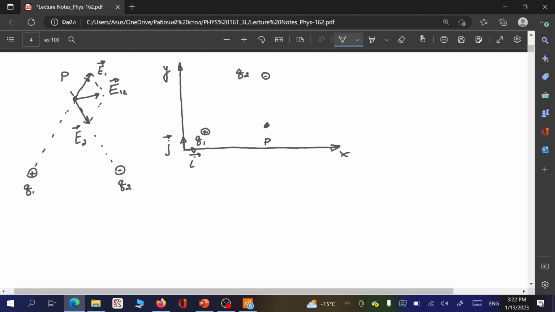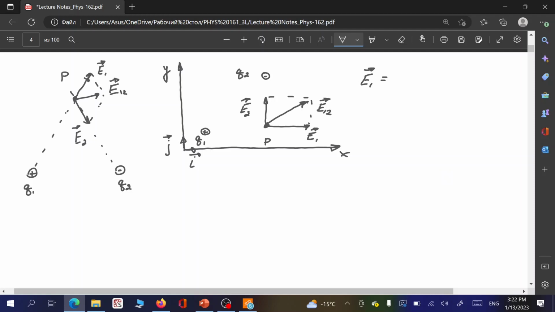So let us consider the electric field created by the first charge, then the electric field created by the second charge, and obviously here will be the resultant vector E12. So now what will be the E1 vector?